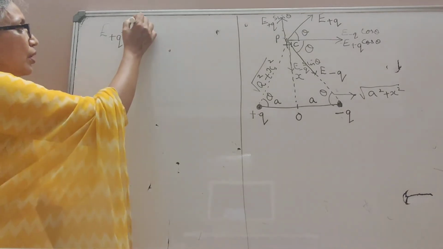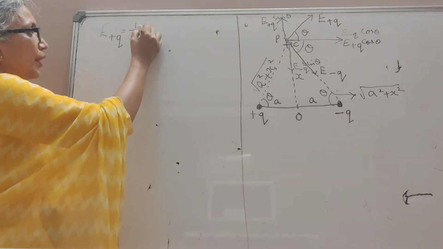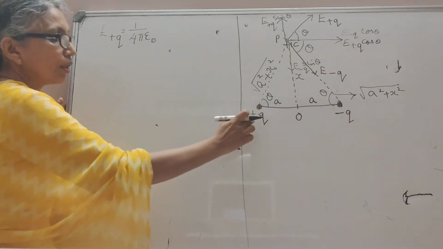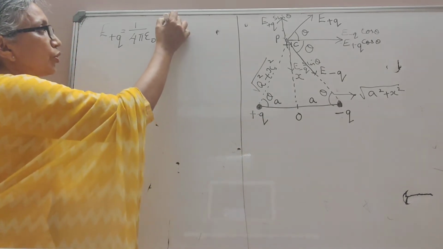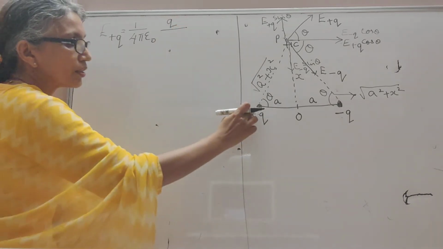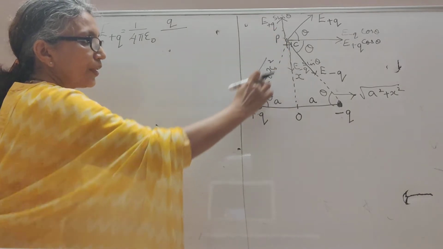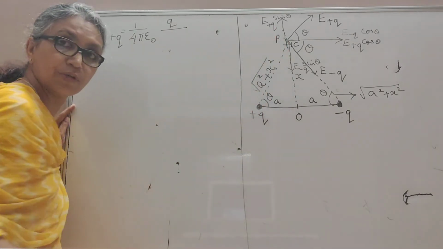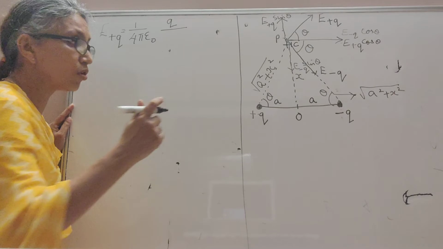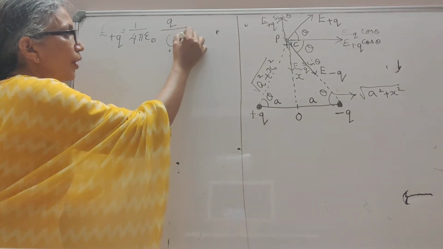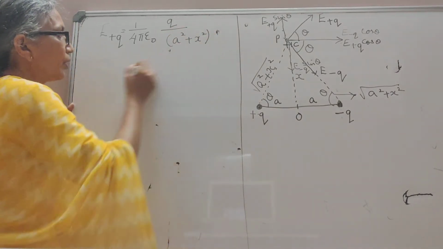So here it will be 1 by 4 pi epsilon 0, your source charge, this is plus Q, Q by the distance from the source charge to point P, that is this distance, root of A square plus X square. The whole square will be A square plus X square.